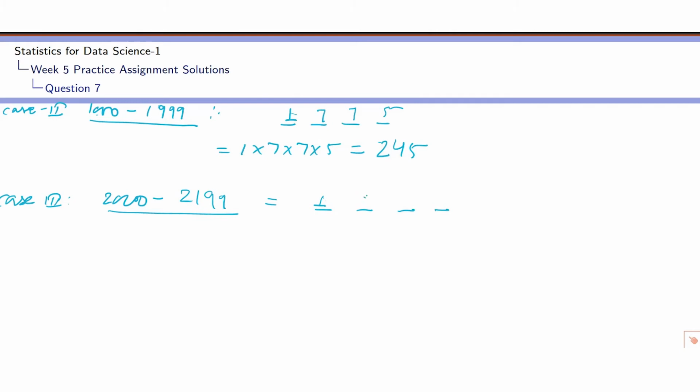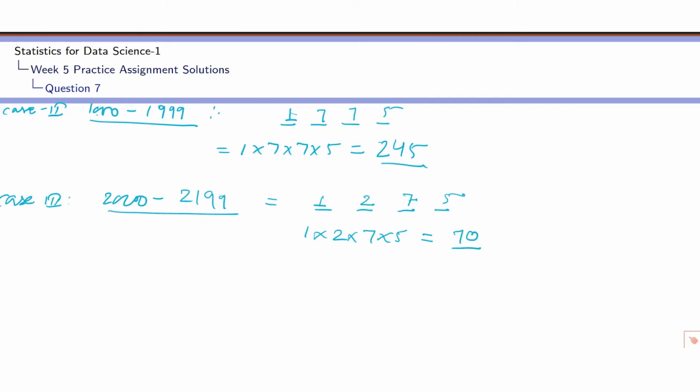And for the third place we have all the choices except 3, 5 and 7, so it has 7 choices. And for the last place, that is the unit place, we have 5 choices because it is an even number. So the number of integers between 2000 and 2199 will be 1 into 2 into 7 into 5. That will be 10 into 7, which is 70 numbers.